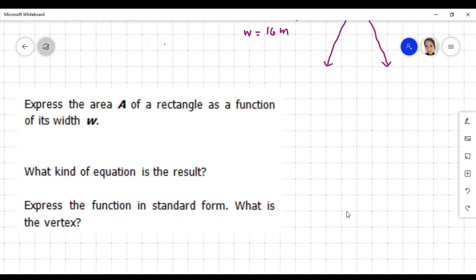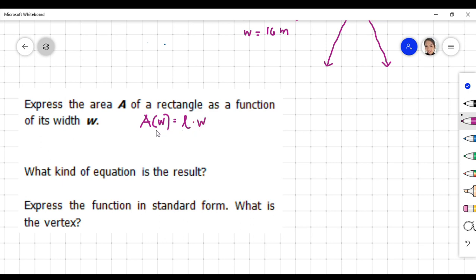Here are some questions. Express the area A of the rectangle as a function of its width W. So we have to find the area A of W. So we know that the area is length times width.